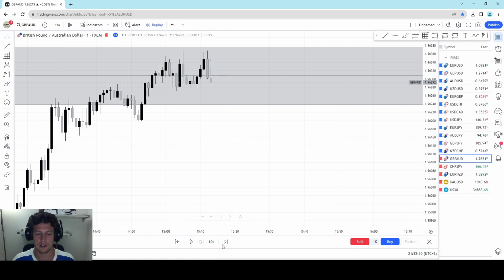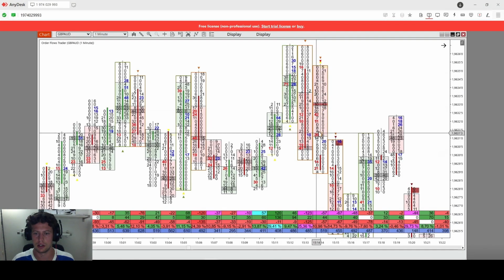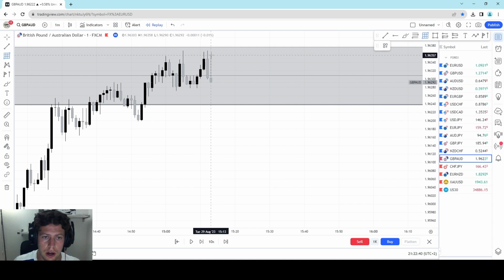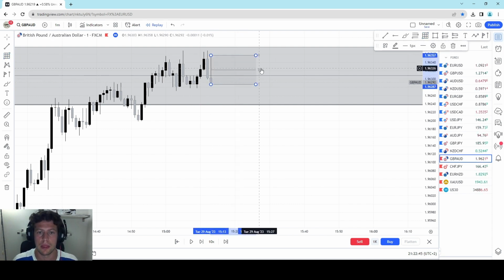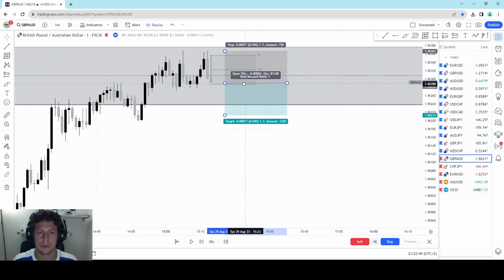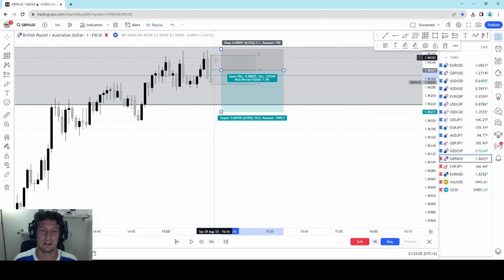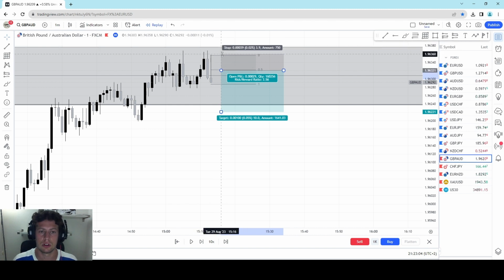So what I do is I pull the Gann box, I drag it like this, and I enter at the 50%. So short position, entry here at the 50, and stop loss. You can put it above the supply zone, above this high, above this zone.